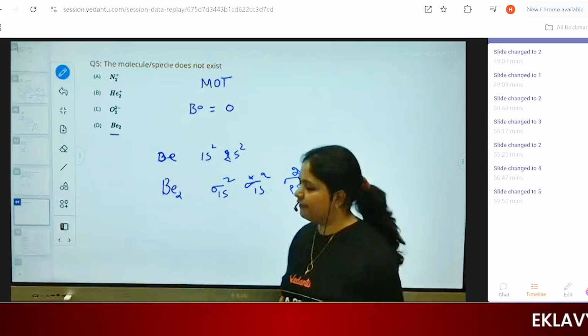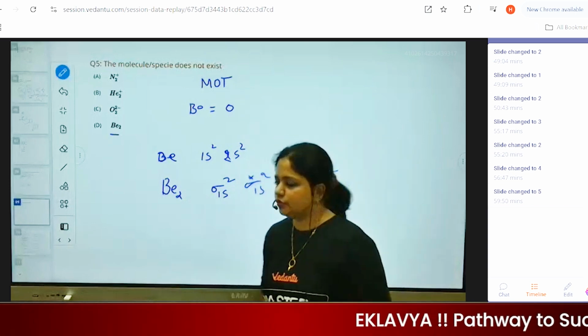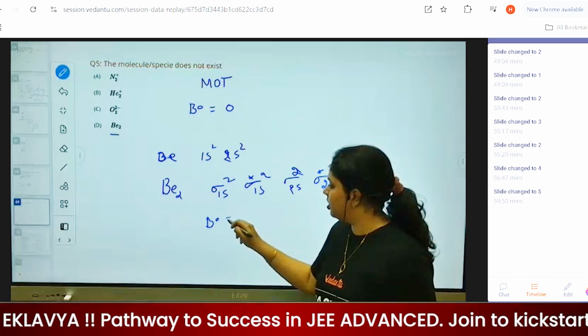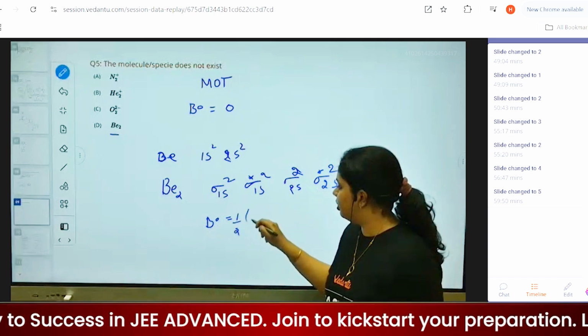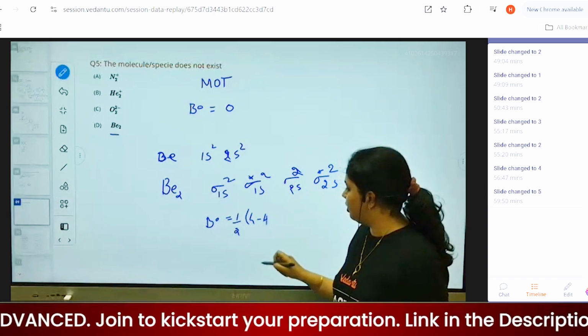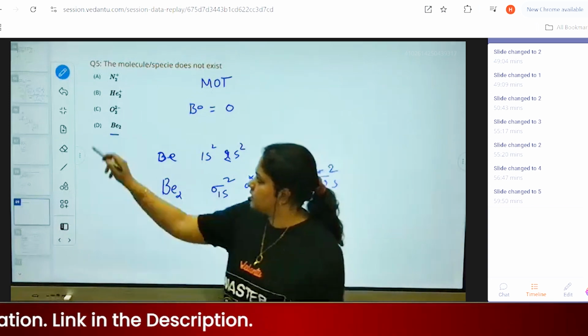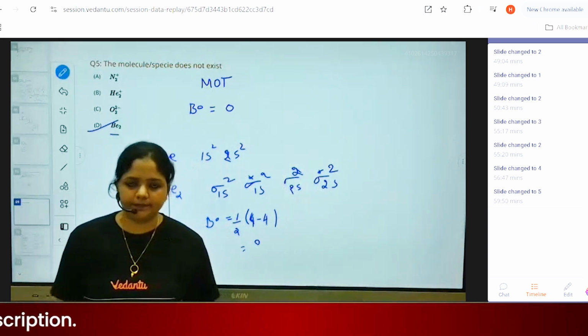So a total of 8: 4 in bonding, 4 in anti-bonding. If we calculate the bond order, half into 4 minus 4, it is equal to 0. So the answer here is Be2.